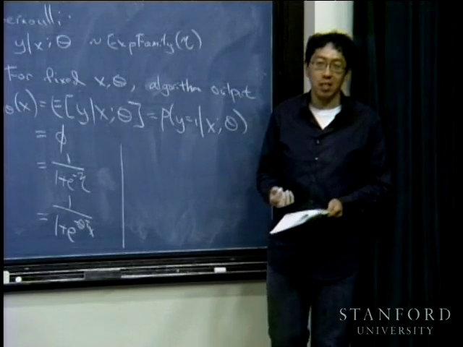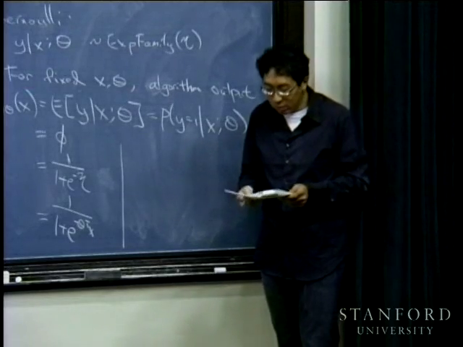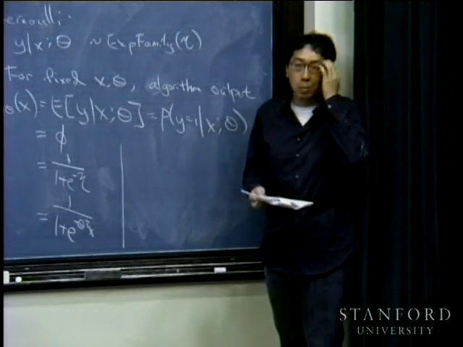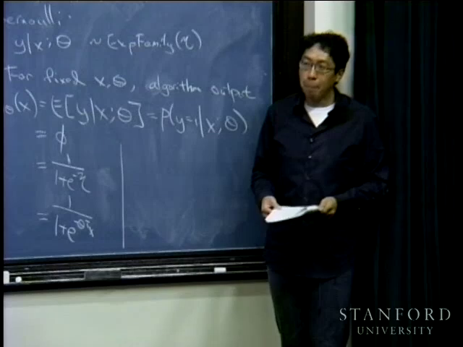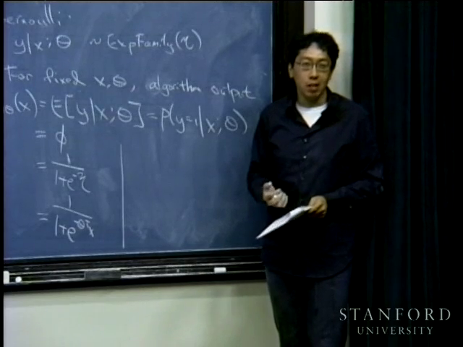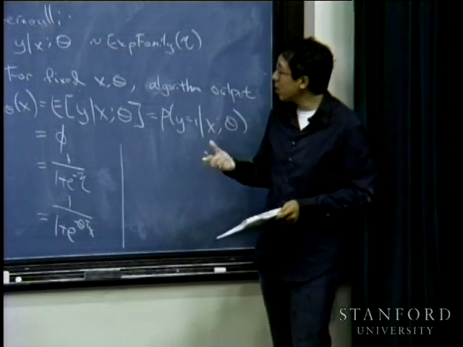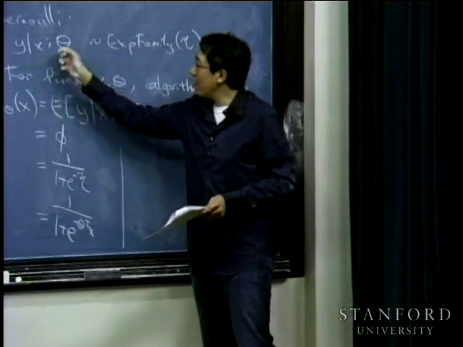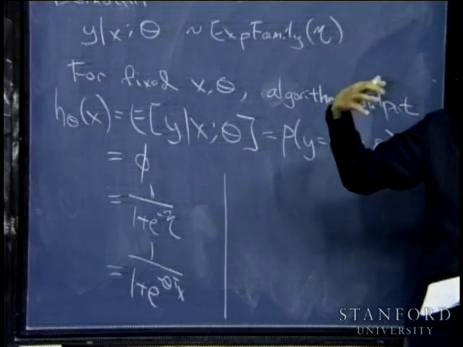So I hope you see the ease of use of this, also the power of this. Let's say I have a new machine learning problem, and I'm trying to predict the value of a variable y that happens to take on 2 values. Then the only decision I need to make is I choose the Bernoulli distribution. I assume that given x and theta, y is distributed Bernoulli. That's the only decision I made.